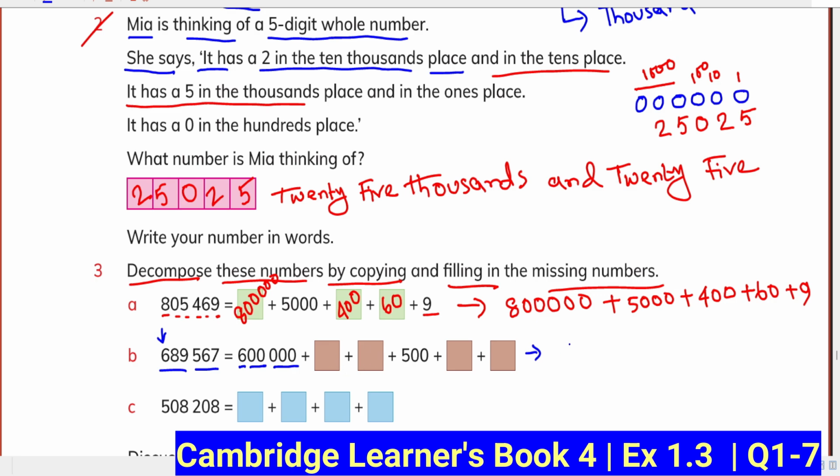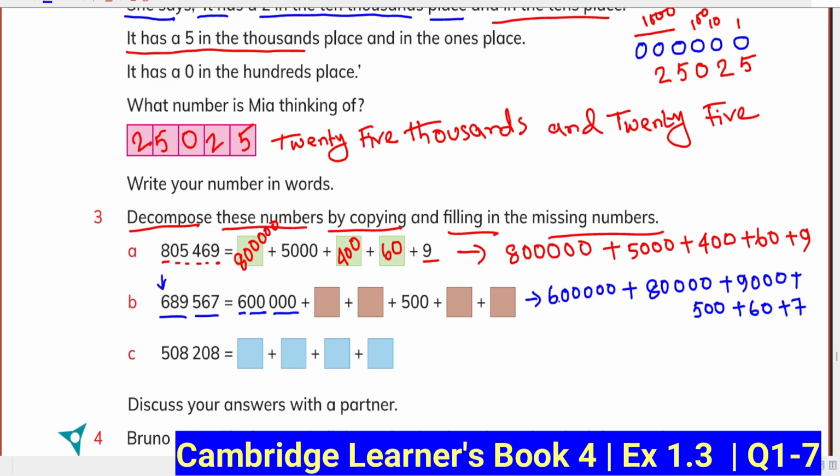The space is very short, so 600,000 plus 80,000, then 9,000, and then 500, then 60, and then finally 7.